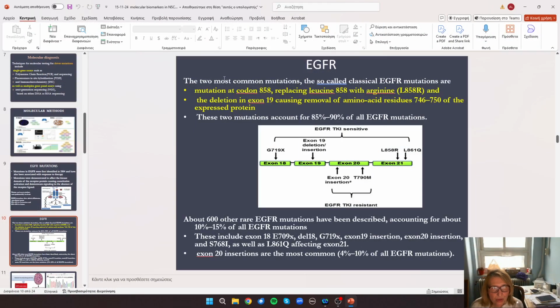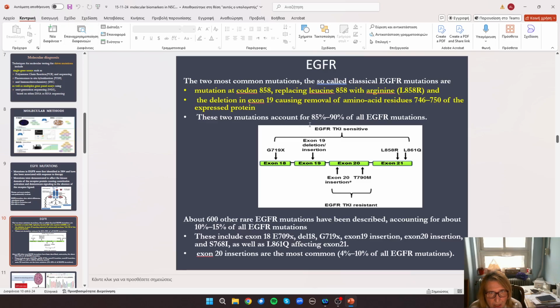The two most common mutations of EGFR, the so-called classical EGFR mutations, are the mutation on codon 858 at exon 21, replacing leucine amino acid with arginine amino acid, and the deletion in exon 19 of some bases, which leads to the removal of 5 amino acids in the corresponding proteins.